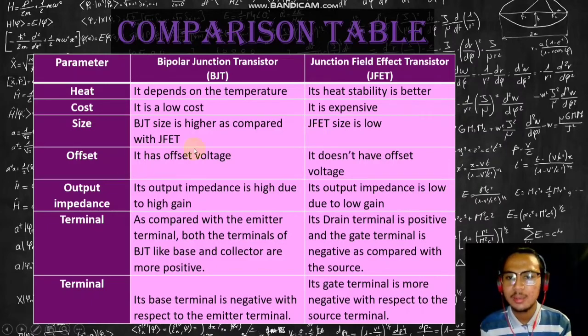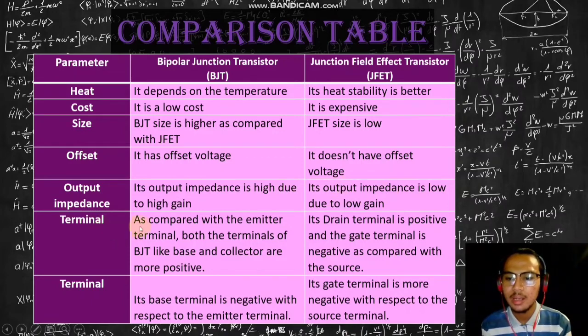For offset, BJT has a voltage offset, while JFET does not have offset voltage. For output impedance, BJT output impedance is high due to high gains, while JFET output impedance is low due to low gains.